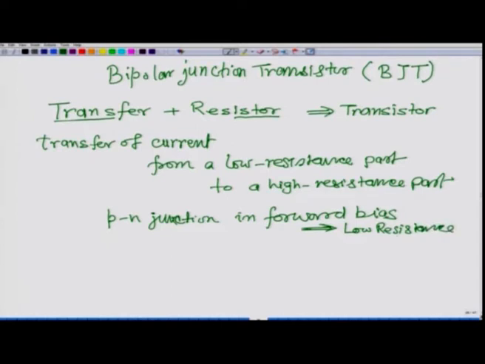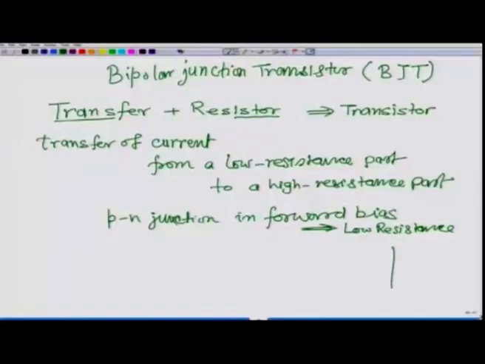PN junction in forward bias offers low resistance. Of course, that threshold voltage has to be crossed, and after that any small increment in voltage gives rise to a large current. You remember that your curve was like this. So, after this threshold, any small increment in voltage gives rise to a very large current. That is the meaning of low resistance.